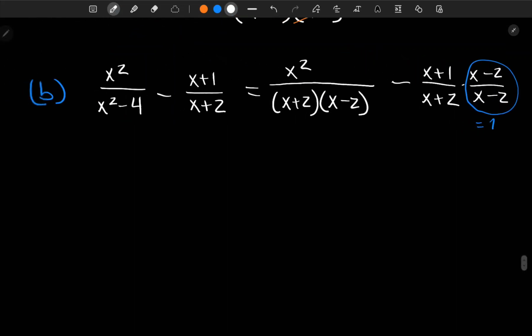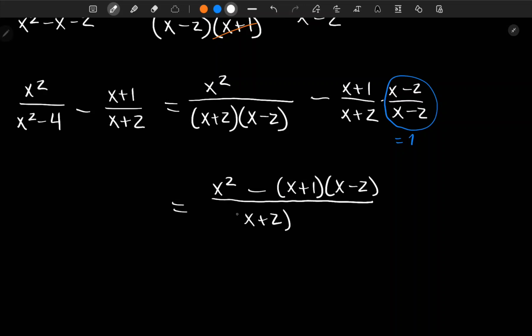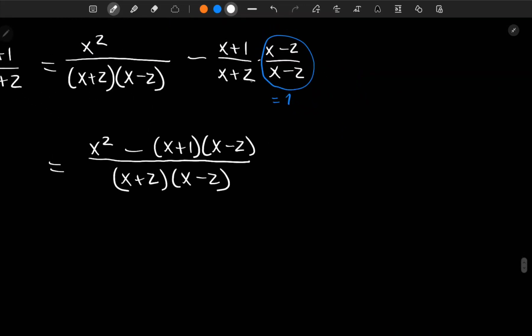But what it does is it gives us the ability to write x squared minus x plus 1 times x minus 2 over x plus 2 times x minus 2, because both of these terms have the same denominator now.